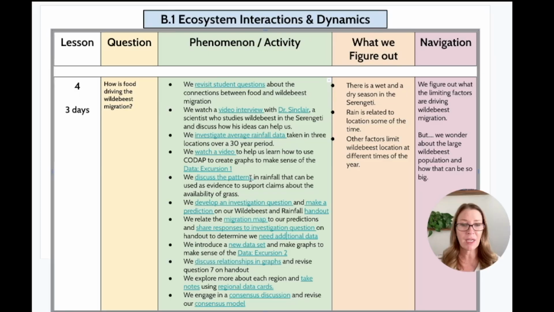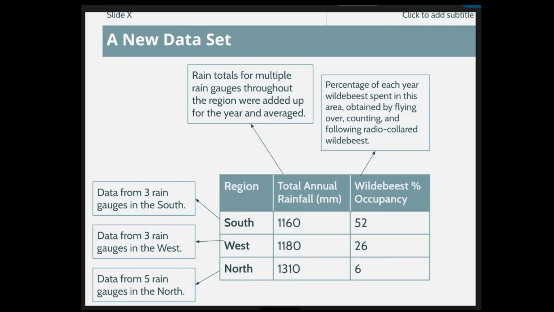And so this takes us back to the CODAP, and we're going to look at a new set of data. And this one is going to introduce a new column to our data set. And so we will have a region, but this time we're going to have 3 rain gauges that we're averaging in the south, and 3 rain gauges in the west, and 5 rain gauges in the north.